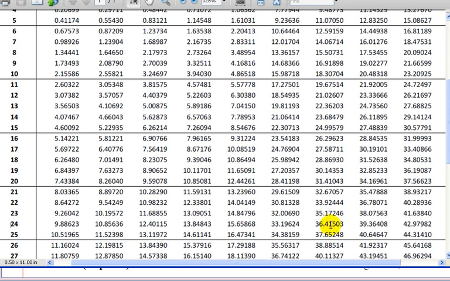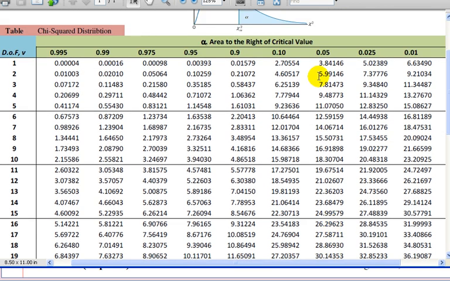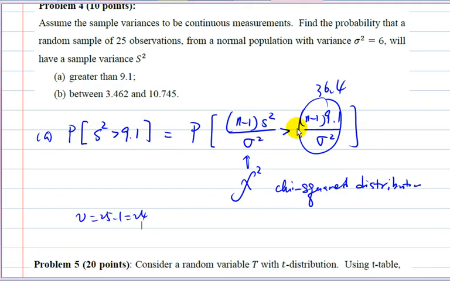This value corresponds to an area to the right of 0.05. So you're looking at chi-squared greater than this, and that is just equal to 0.05. That's how you look for it, and similarly you can do it for part B, just transform that.